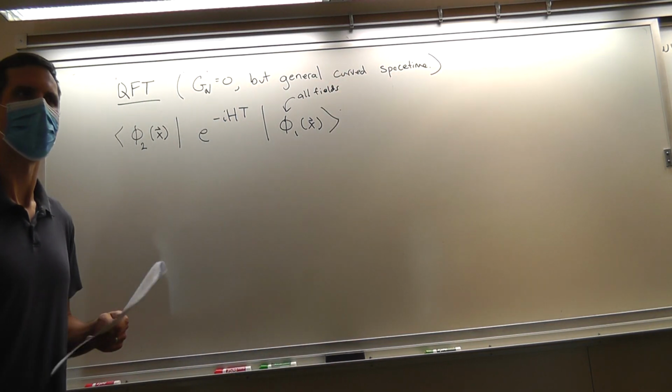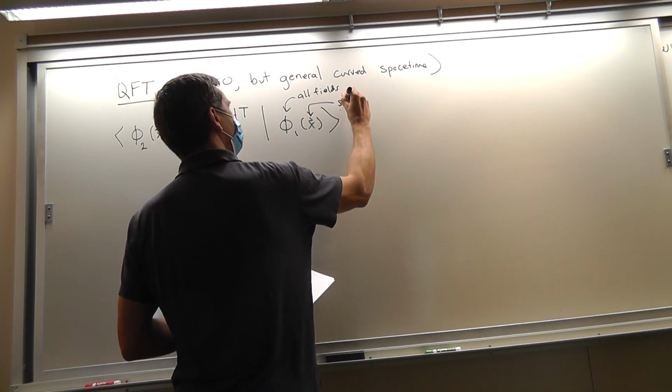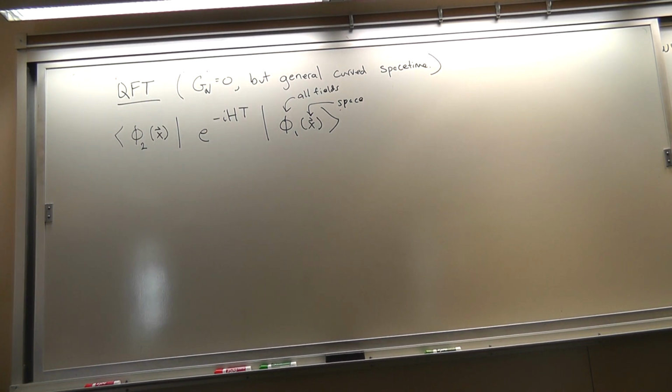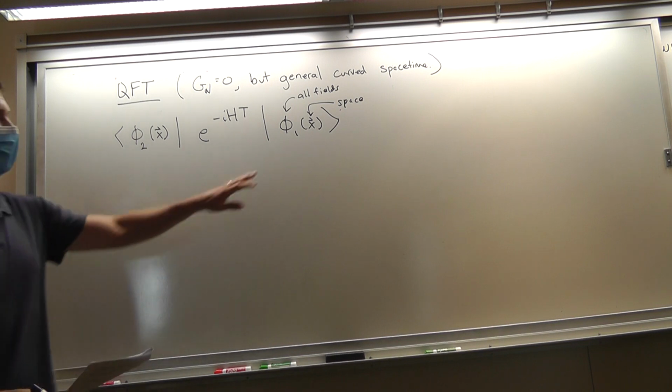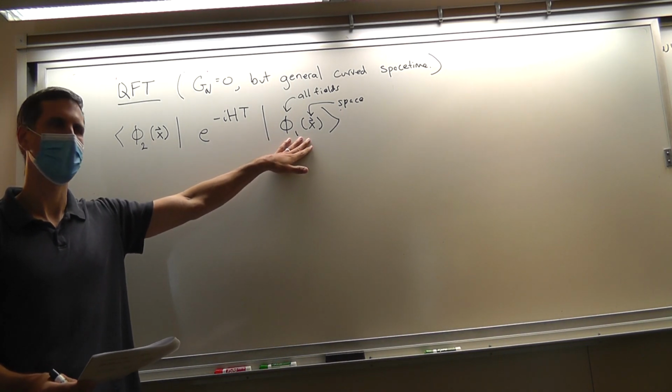So we have to specify all the fields. And by vector x, I mean space only, not time. The basis that I'm using is the field basis, where you specify the fields everywhere in space at a given time. So this state is the analog of just x1 in quantum mechanics.